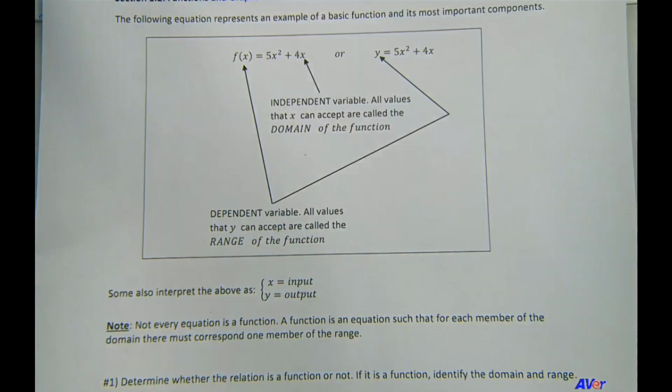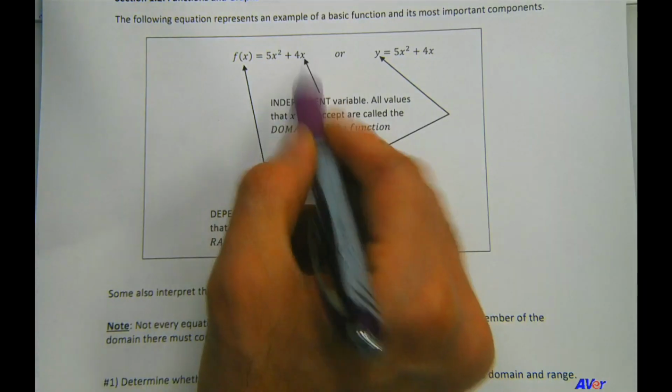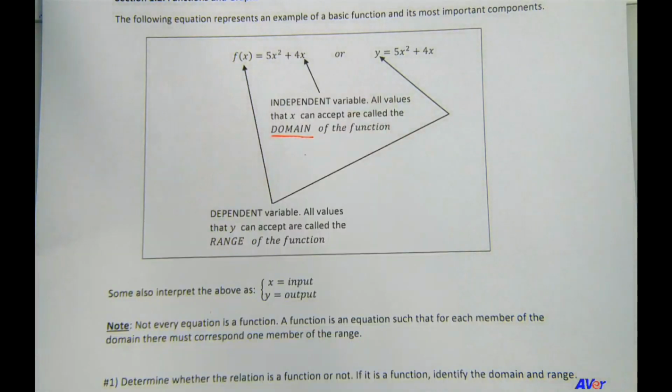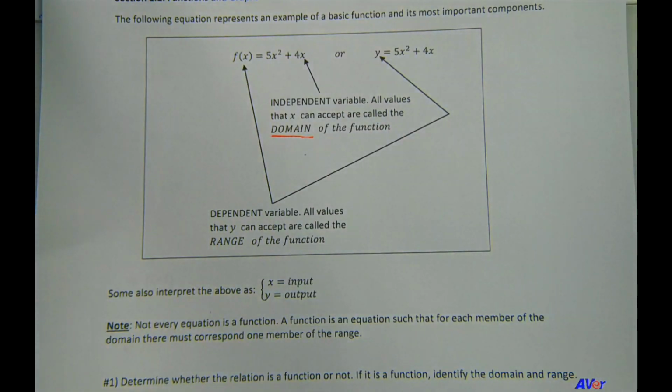And all the values it can accept are called the domain. So the domain of any function is all the values of x, or all the values that are acceptable as the independent variable value. All those values are called the domain.